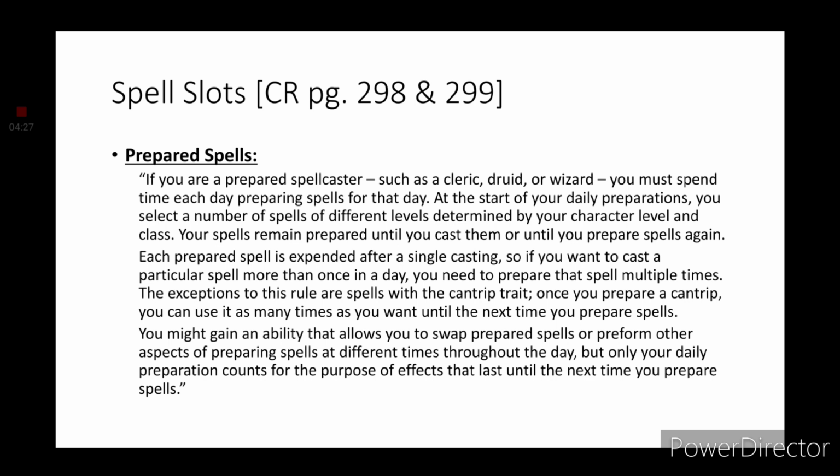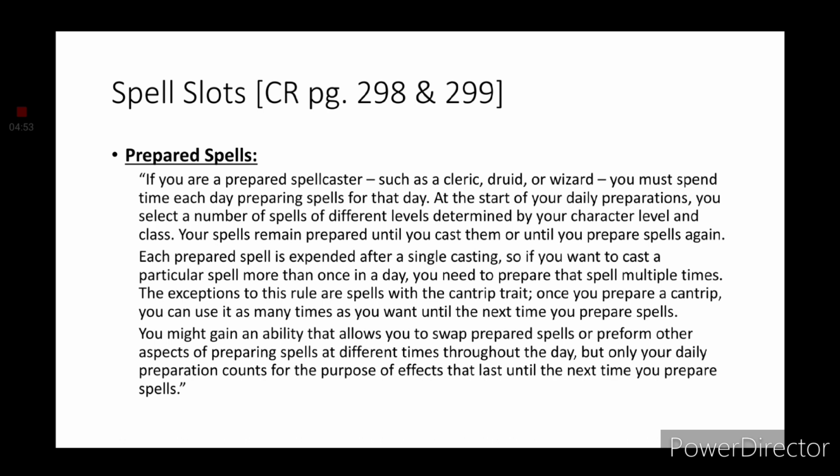Interesting. And we actually get a further description. Continuing on, each prepared spell is expended after a single casting. So if you want to cast a particular spell more than once in a day, you need to prepare that spell multiple times. The exceptions to this rule are spells with the cantrip trait.